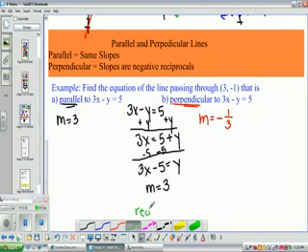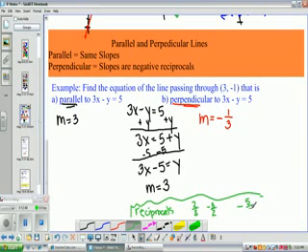Let's just talk about a couple of reciprocals before we continue on with this. This is kind of like a side note. So 2/3, its negative reciprocal would be -3/2. Or say -5/7, its negative reciprocal would be positive 7/5.